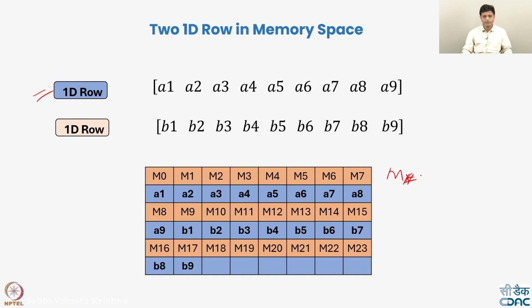Similarly, if we want to store the 1D array of the second row, once the first ends, then from the very next memory location these elements will start getting stored continuously. And this will happen whether you are using a language that supports row major order or column major order, because the data you are storing is one dimensional only.